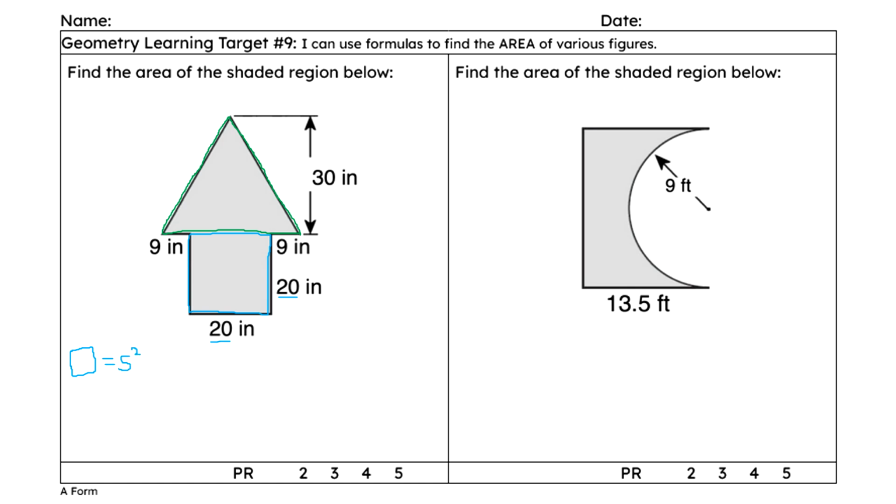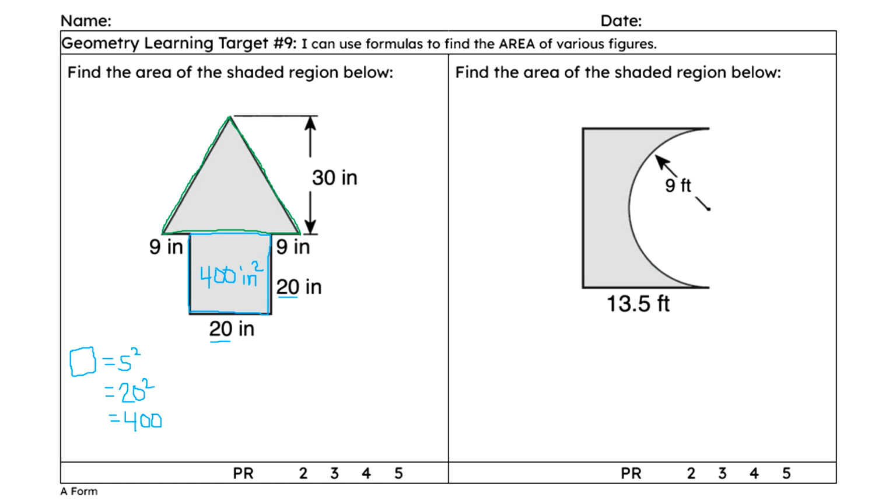In which case it's going to be 20 times 20, and that's going to get you a total of 400 inches squared for the square in the middle. So this first chunk here is 400, and that's inches squared. So we're going from length to area, and area is in dimensions squared. So we've got the square so far.